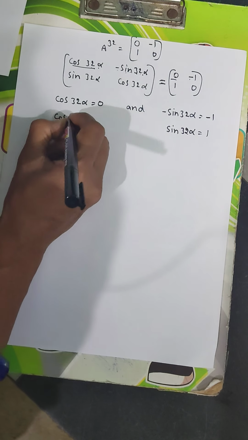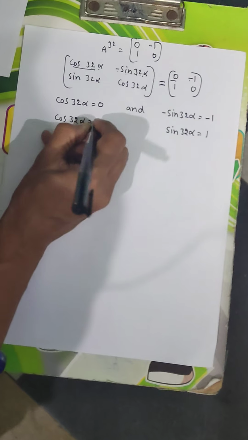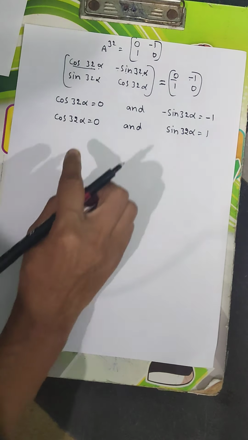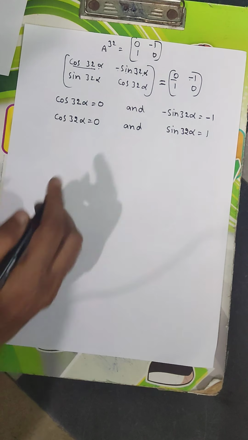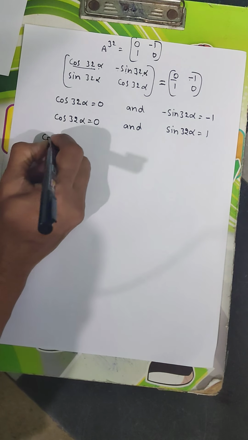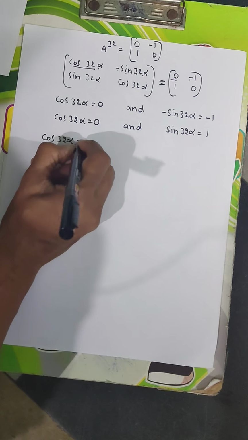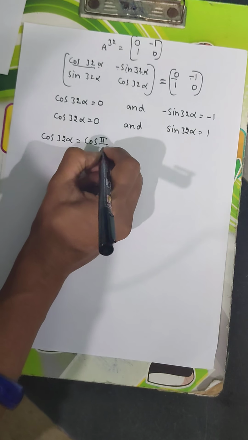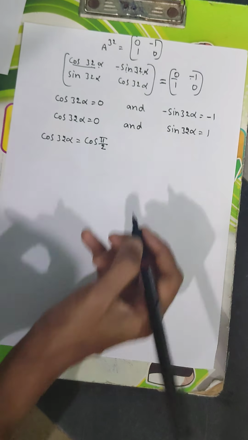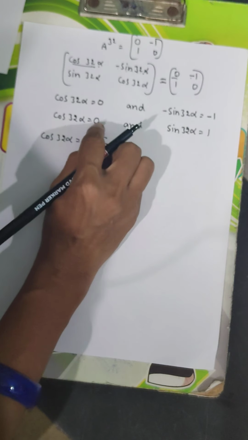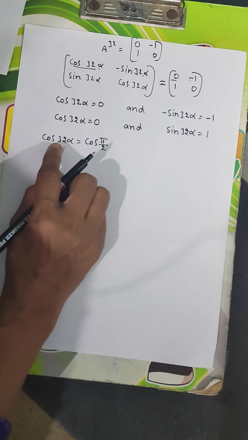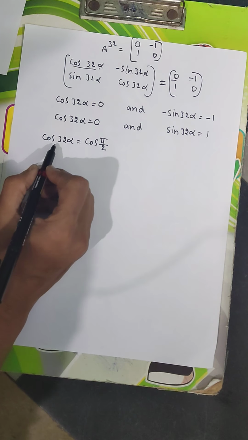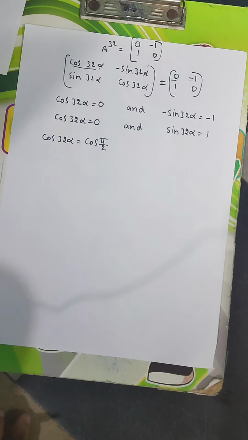Here cos 32 alpha is equal to 0, and there are two solutions. What is the angle for which the value is 0? Cos pi by 2 is equal to 0. So cos 32 alpha is equal to cos pi by 2. This is in the form cos theta equal to cos alpha.